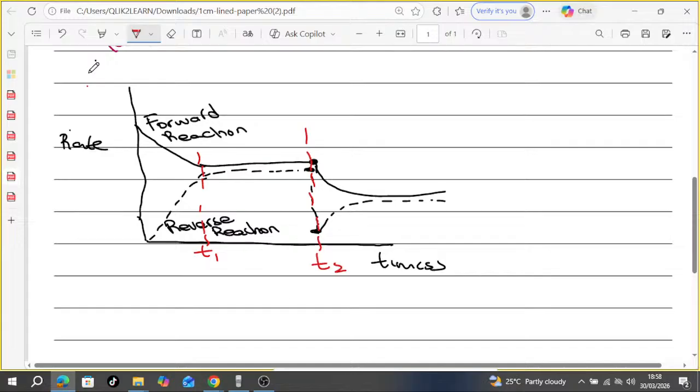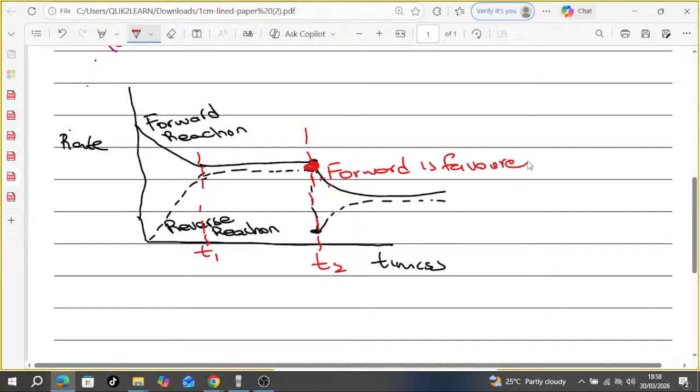From this graph, we can see that both rates initially decrease, and since both rates initially decrease, the forward reaction is the one that is decreasing, right? Yes. So since the forward is the one that is decreasing, this tells us that forward is favored. I'm going to explain this.